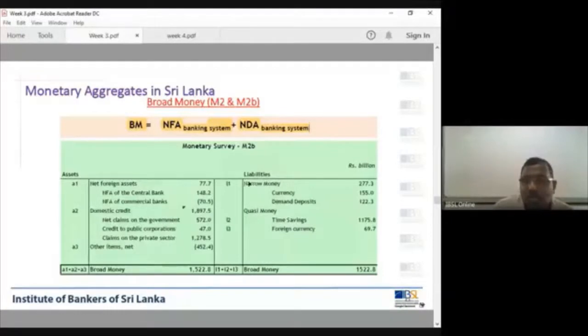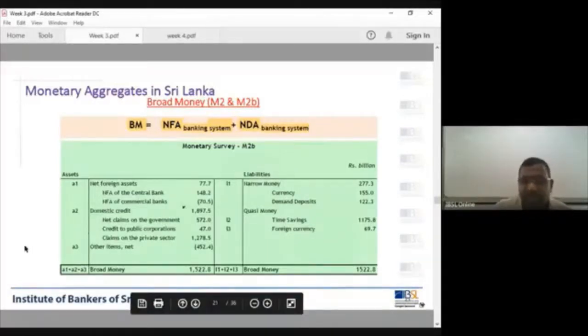On the liability side, I already mentioned, money is a liability, right? Even M2, broad money, is a liability to the issuer. So the central bank and commercial banks both are liable. The central bank is liable for currency and demand deposits. Commercial banks are liable for time and savings deposits and foreign currency deposits. So that is the liability side.